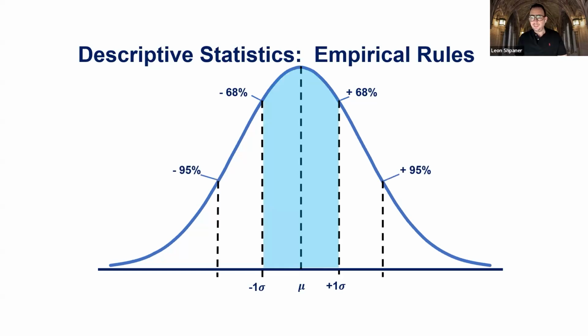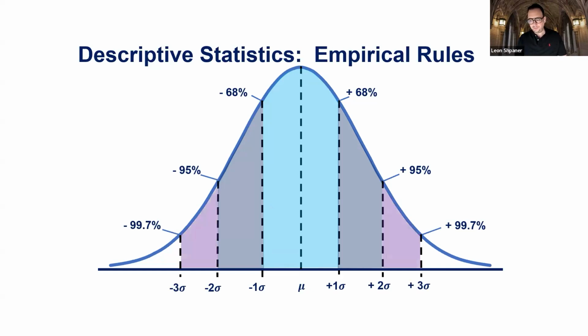You move out again, you have 95% of the data situated within plus or minus two standard deviations from the mean. And lastly, you have 99.7% of the data situated within plus or minus three standard deviations from the mean. That is your normal distribution, and it follows the 68, 95, 99.7% rule.